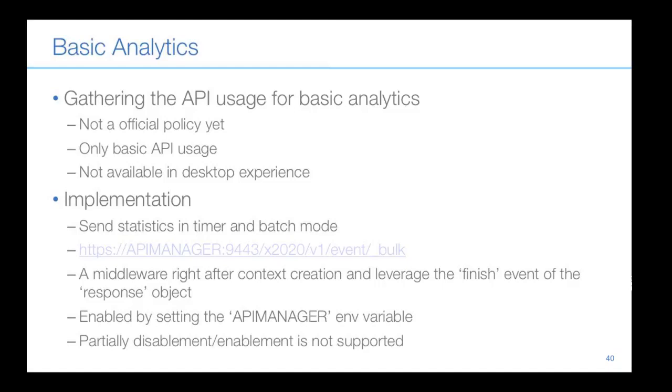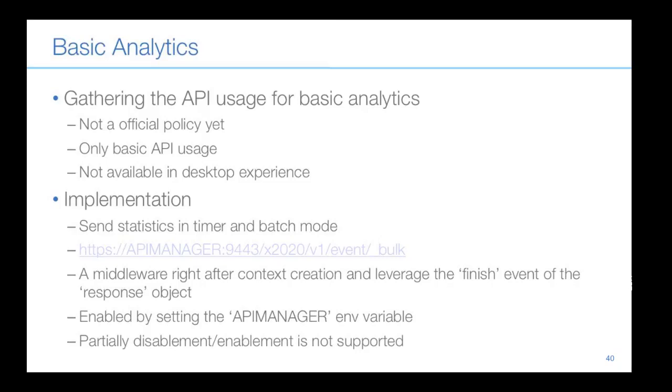And as I mentioned, it's a middleware right after the context creation, so every transaction after the context will be logged. And it is enabled by setting the API manager environment variable, and this environment variable is only set in the management node.